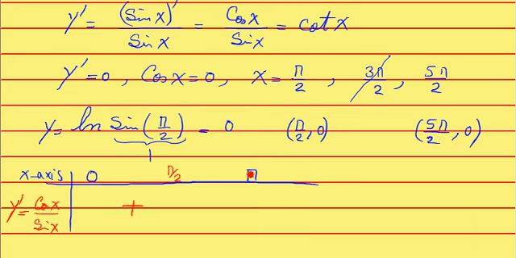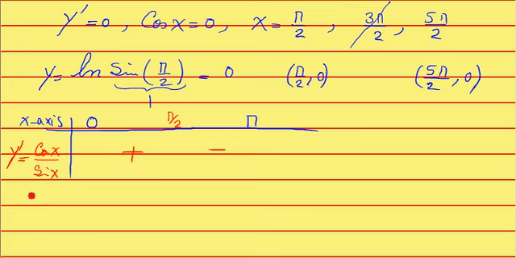From pi over 2 to pi, cosine is negative, sine stays positive. So that becomes negative. Here what I can say is that the function itself, y, is going to be increasing, and then it will be decreasing. So the point in between is going to be a relative maximum. This being the only thing that happens for this function, not only is this a relative maximum, but also it's an absolute maximum.